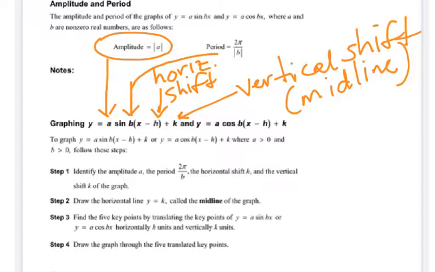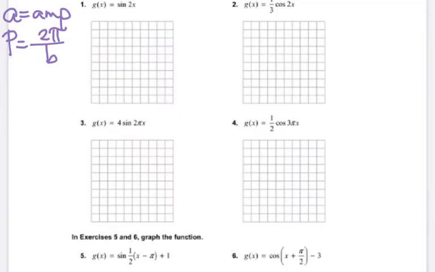So this is your basic function right here. This is your parent function. And what we're going to do is simply identify the parts. If you want to take a look at the extra practice on the next page, we'll go through each one and just figure out what they are. So just as an example, on number 1, page 261 of the student journal, there is no number in front of your sine.